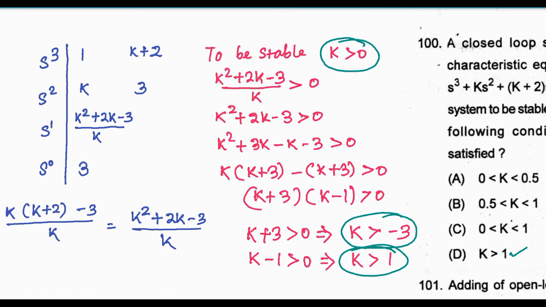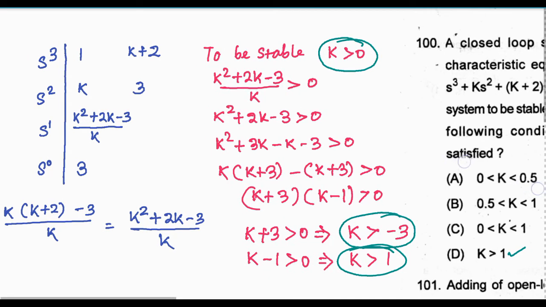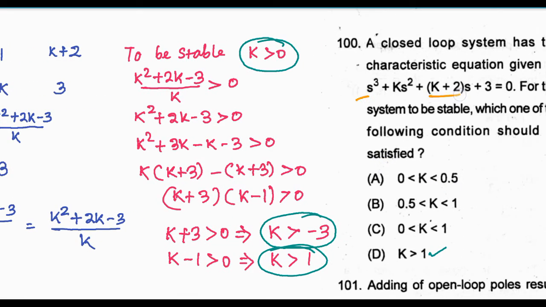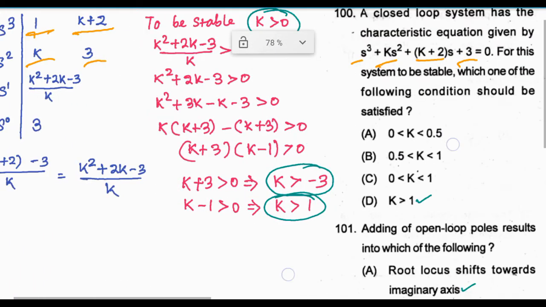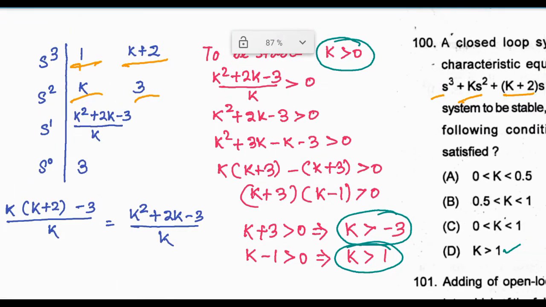So here s cube, s square, s1, s0, and here 1, k plus 2, k, 3, and now we will again do the same thing, k into k plus 2 minus 3 by k, and this is coming to be k square plus 2k minus 3 by k, and this 3 will be here.